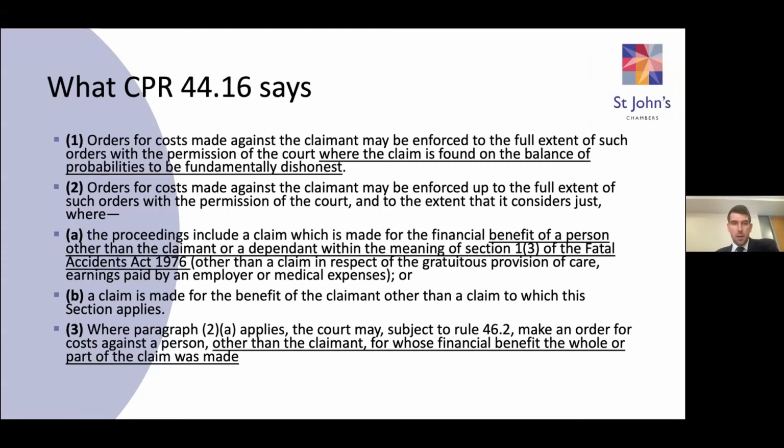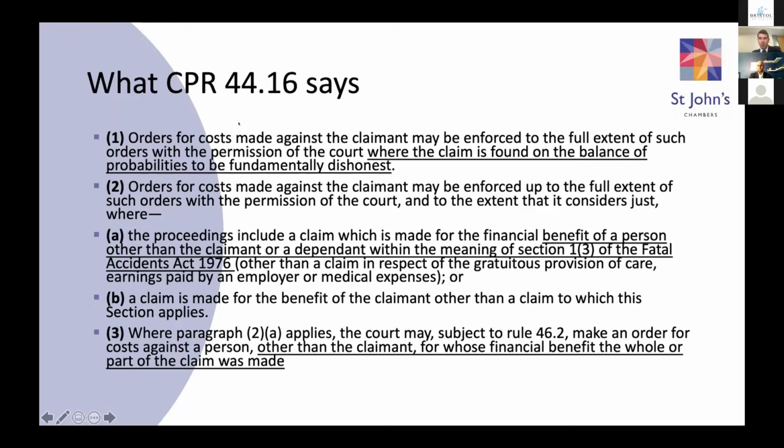And I touched upon, for those that didn't catch this slide, what the rules say about what fundamental dishonesty is and its effect. You've got the content of CPR 44.16 there.